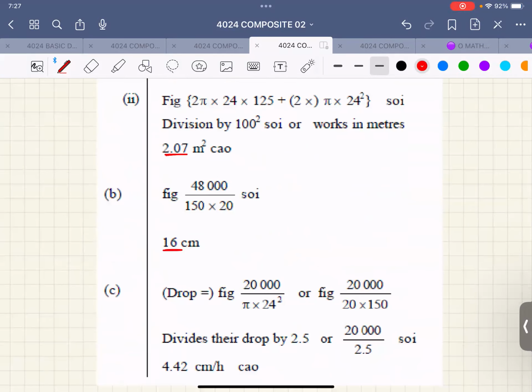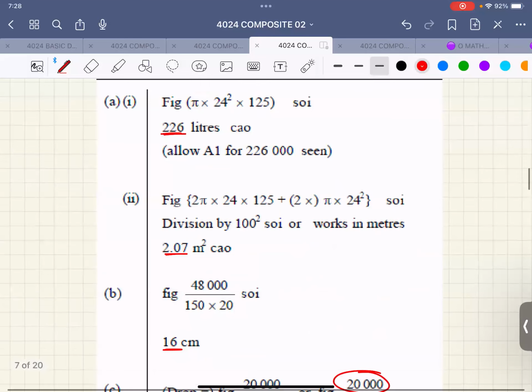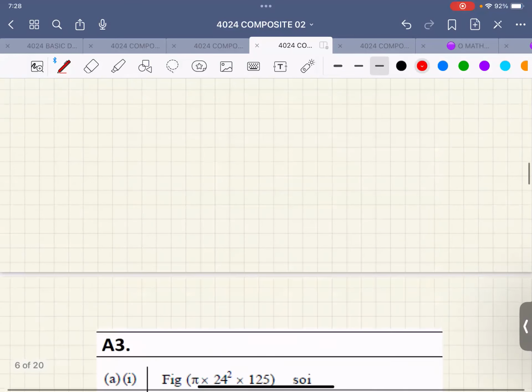This is 16 centimeter. Yes, and this is 4.42. So they drop by this thing. First of all, figure is 20,000 divided by 20 into 150. Now, let me just double check this thing. Hold on for a second. Let me just double check one thing.